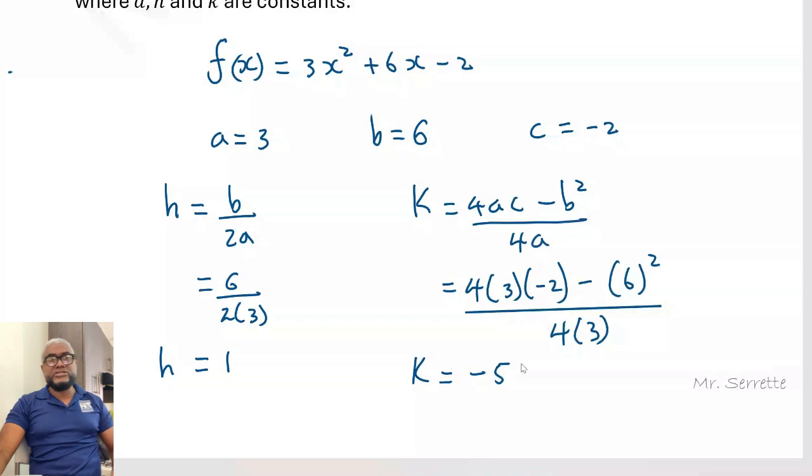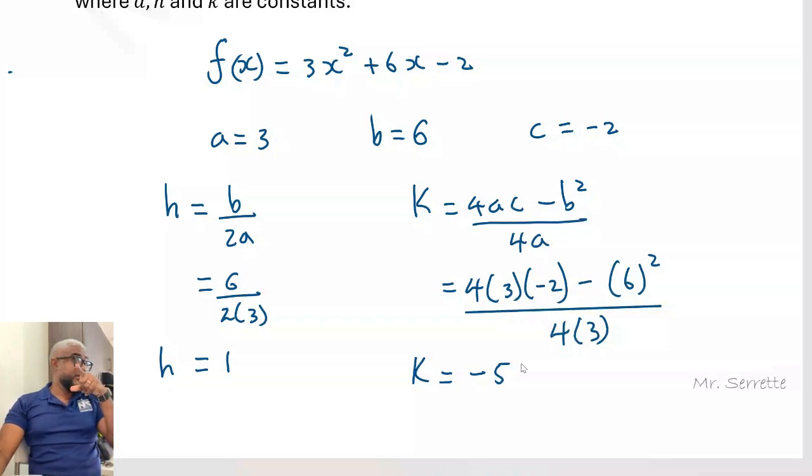Use your brackets. You get -5. Who else gets it? Danny, did you get it? Make sure you get it.